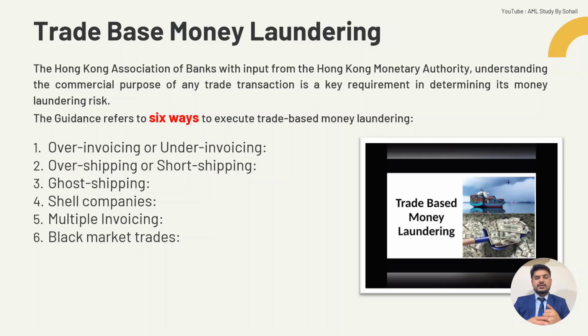Over shipping or short shipping. Yes, the launderer can ship comparatively more. He just presents the documents, and in the documents he mentions he exported, like, 100 metric tons of some product, but actually he exported only 1 metric ton.